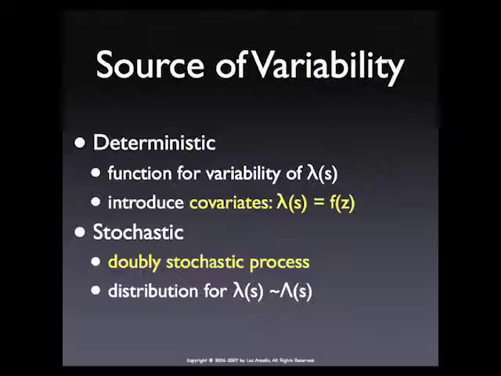So the intensity is the number of occurrences per areal unit. And so we might say the number of homicides is a function of police intervention. The more police intervention, the fewer homicides.